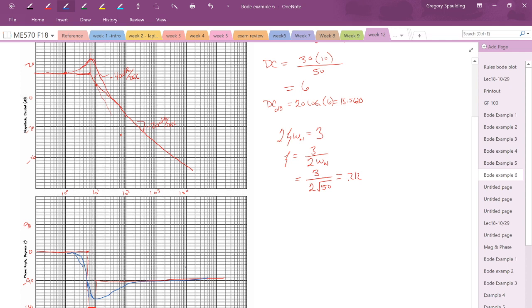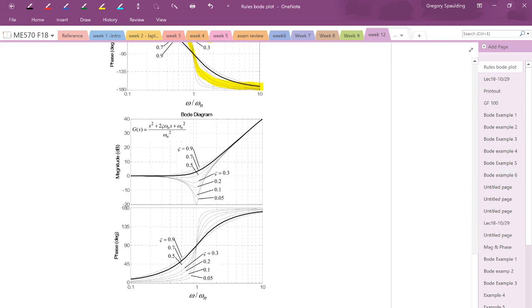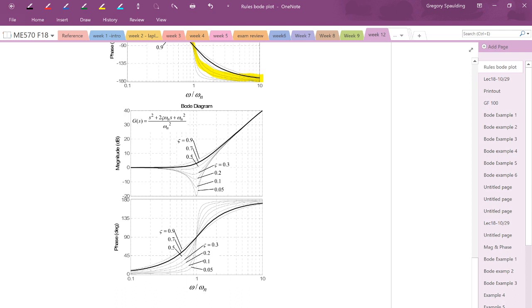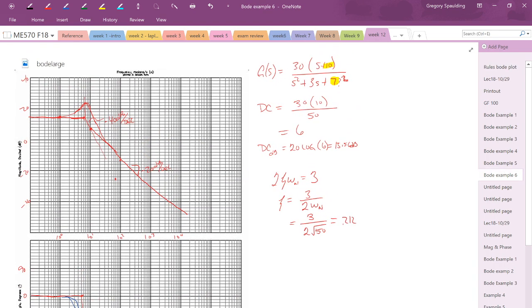Would be a reasonable sketch for that second order system. Now, if we have a second order system in as two zeros, two complex zeros, it's all just inverted from what the poles are, as we can see here. So that's how we would handle a second order system for sketching on the Bode, just like that.